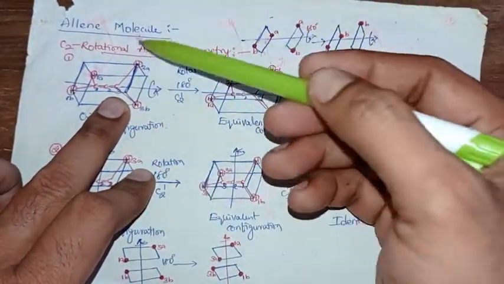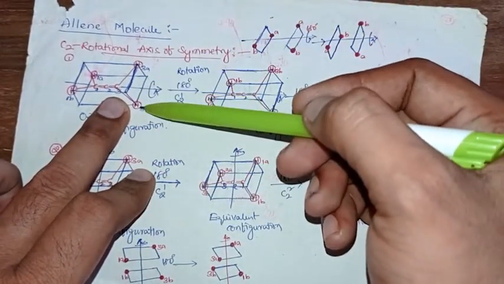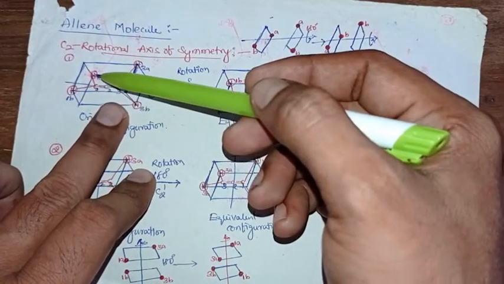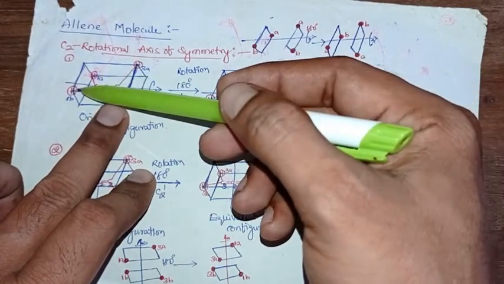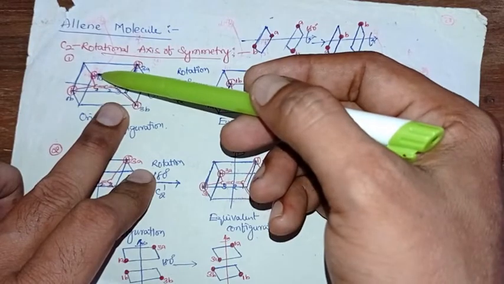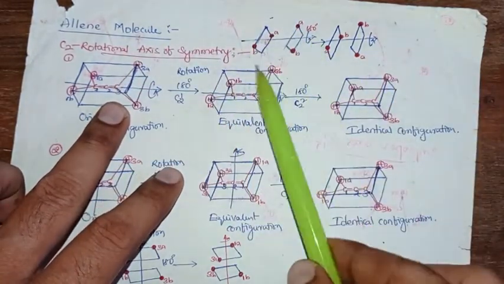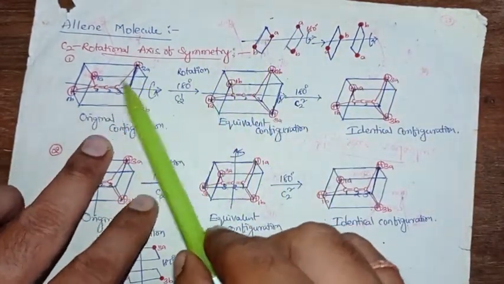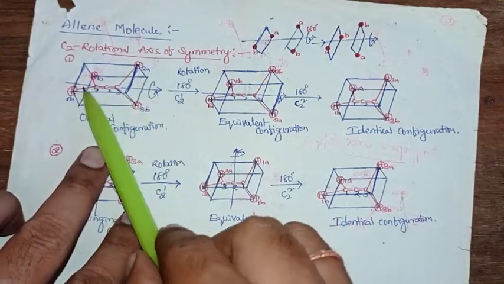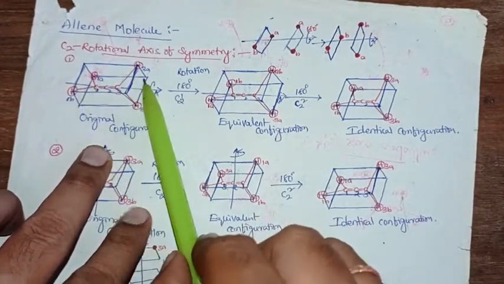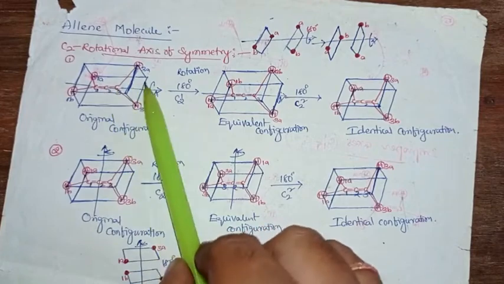The H3A and H3B will get exchanged in position, as well as H1A and H1B. How does it happen? Just look at these two faces of the rectangular cube.